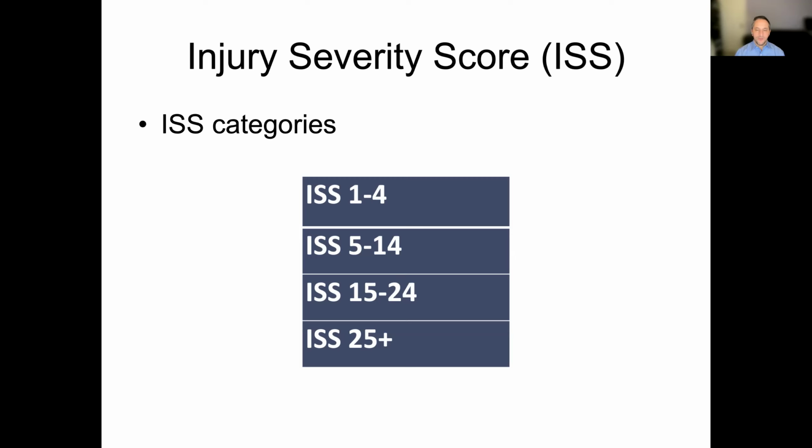And once you get over 15, and especially over 25, that's a more severely injured patient. You're also going to have the frequency distribution of patients with these ISS scores go down significantly the higher you get. In other words, most patients have lower severity injuries.